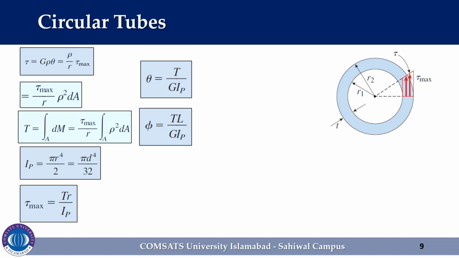Now we will discuss circular tubes. Circular tubes are more efficient than solid bars in resisting torsional loads, as we know that the shear stresses in a solid circular bar are maximum at the outer boundary of the cross section and zero at the center. Therefore, most of the material in a solid shaft is stressed significantly below the maximum shear stress.